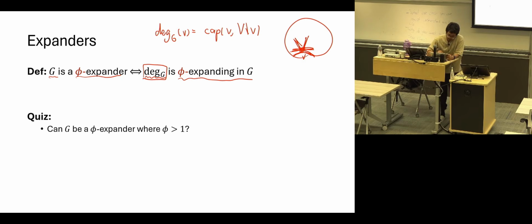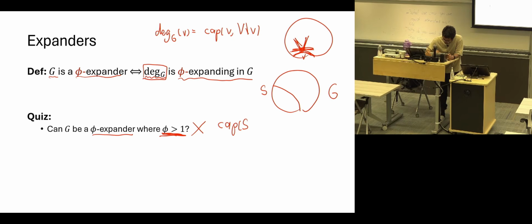So I said that this is actually impossible. Why? Because if you take a graph and you take any cut, now if this is phi expanding, it means that the capacity from this to this is at least phi times the min of degree of S and degree of V minus S. Okay.